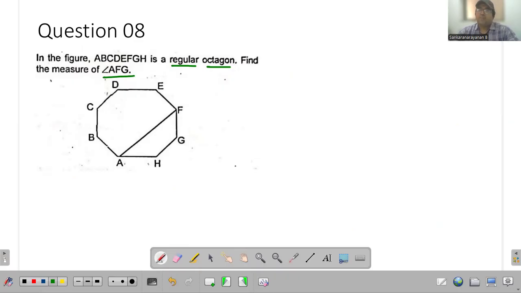So, for answering this question, first, let us find the sum of all the interior angles of this regular octagon. Number of sides of an octagon is equal to 8. So the sum of all the internal angles will be 180 into (n minus 2), and that comes as 180 into (8 minus 2), which is 6.